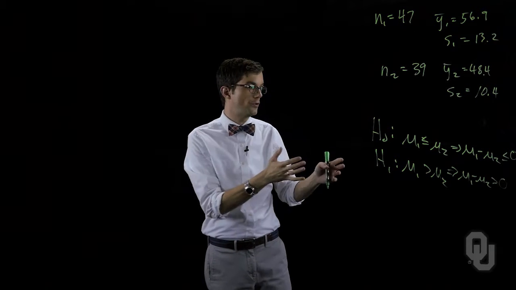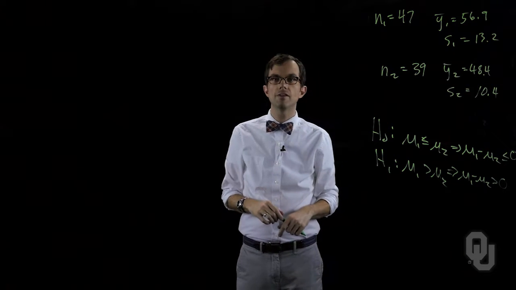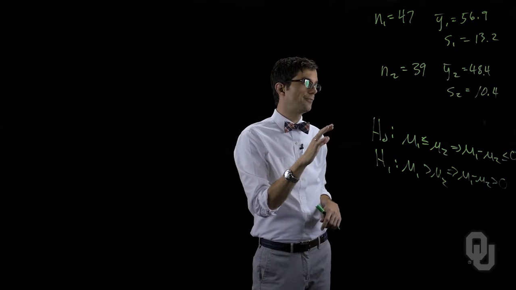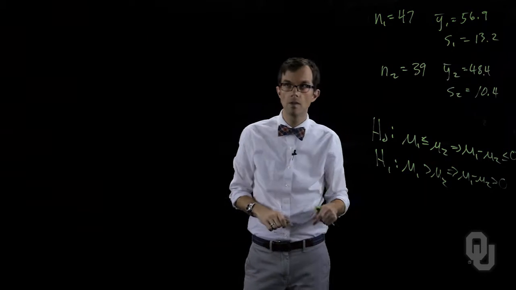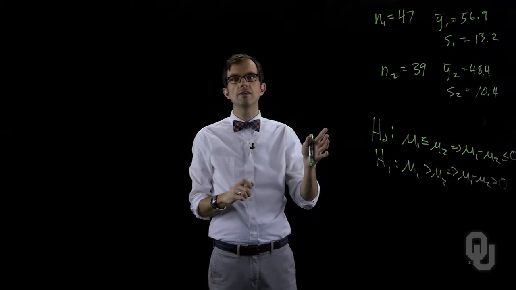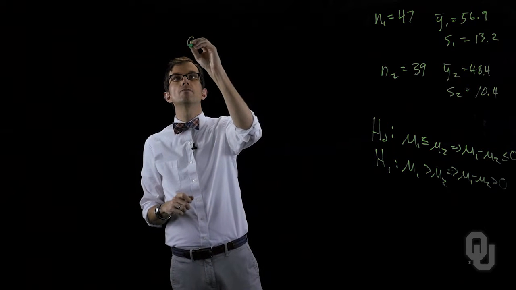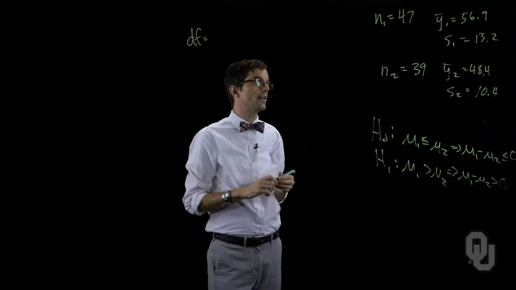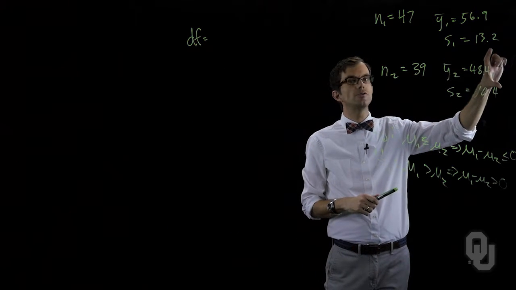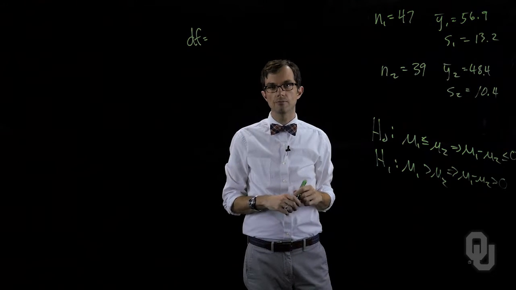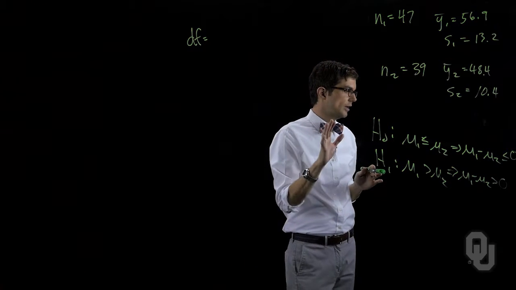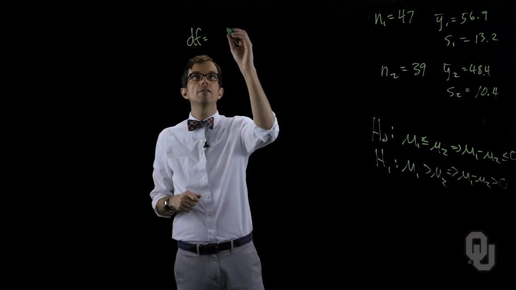Now we need to answer this set of hypotheses with a test statistic. First, before we calculate the test statistic, let's calculate the degrees of freedom. Remember here, we're assuming that these two standard deviations are not equal to each other. When we assume they're not equal to each other, the degrees of freedom calculation is nasty.